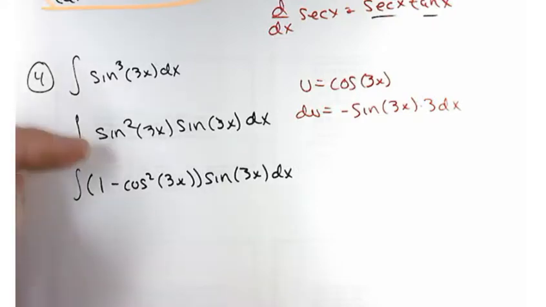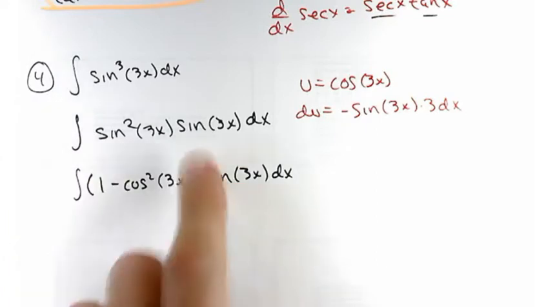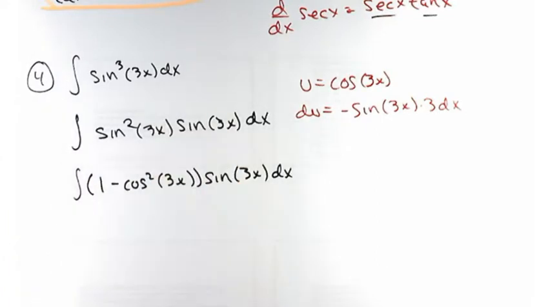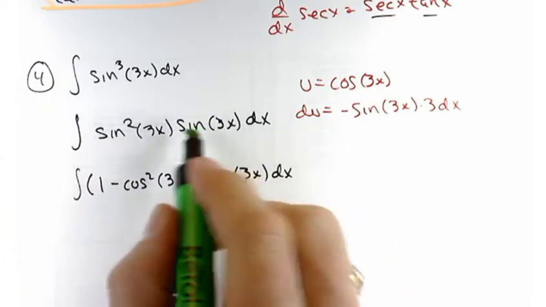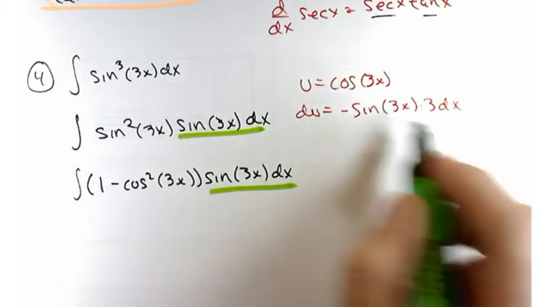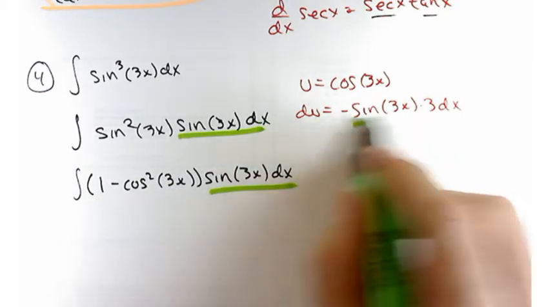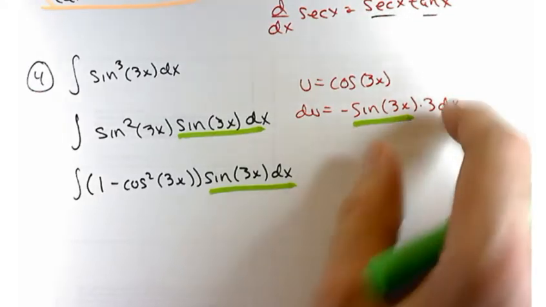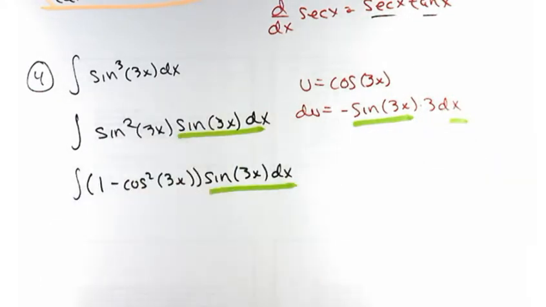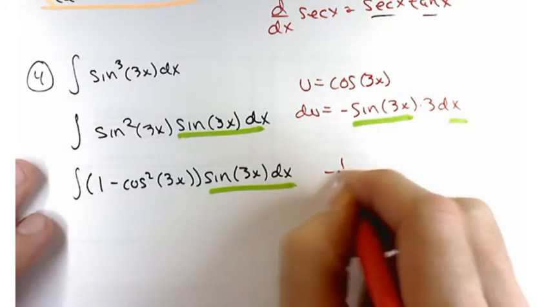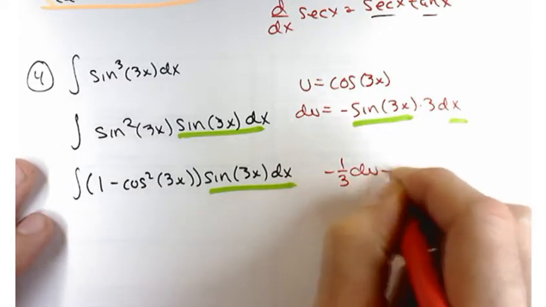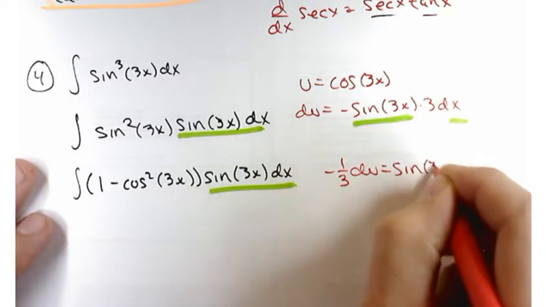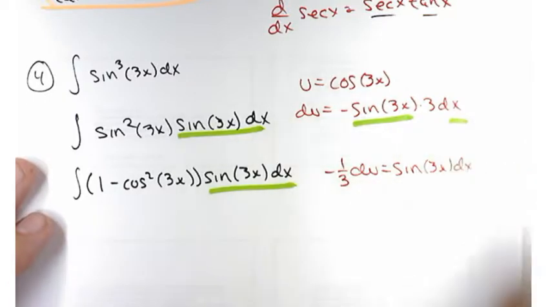But in using the Pythagorean theorem here and splitting off this term, what I did was I split off my du term. So that's my du term. So I've got this and this. Everything else has to go to the other side. So it's going to be a minus 1/3 du equals sine of 3x dx.